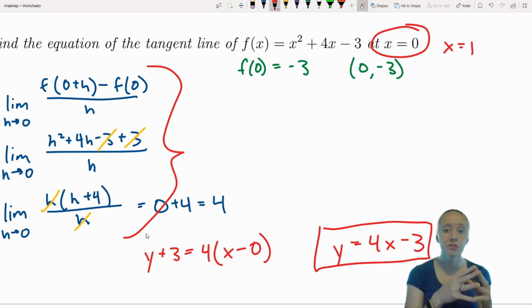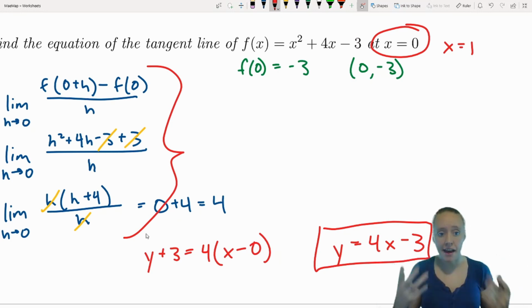However, in the next video, I'm going to show you how to find the derivative, not just the derivative at a point. So once we find that derivative function, all we need to do is plug in our different point values as opposed to retaking the limit every single time. So this is going to make finding derivatives at different points along the same function a lot easier.